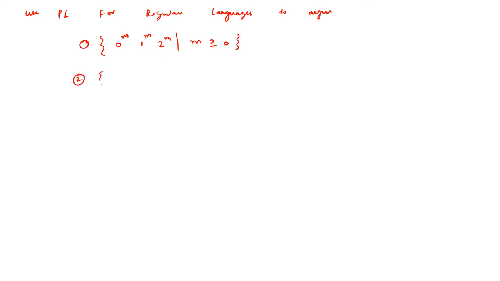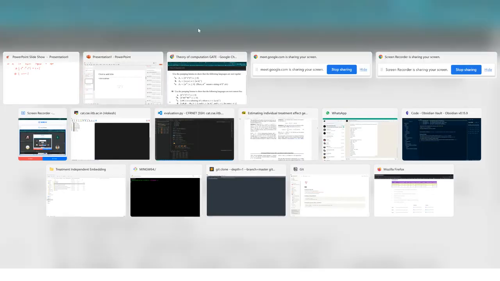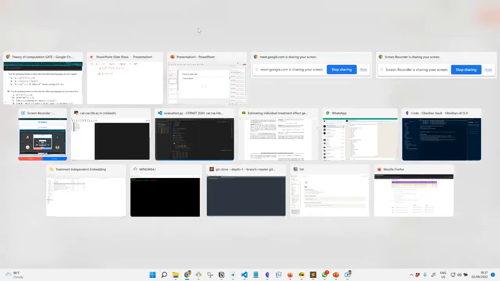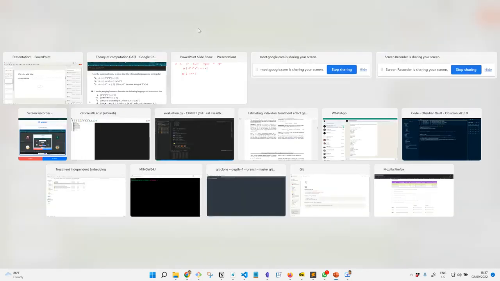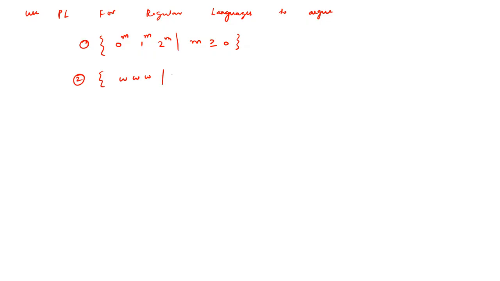And the second question is www. Is there a constraint on the length of w? No. The symbols of the language are a, b.